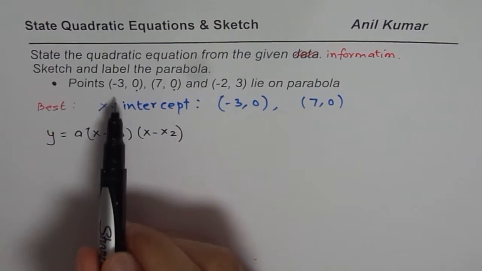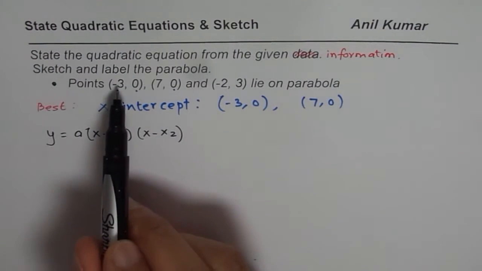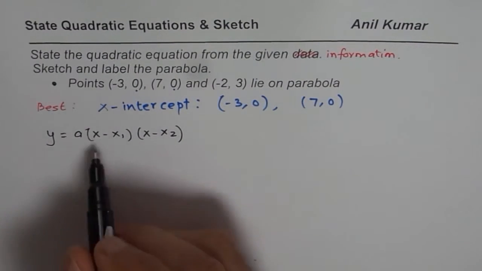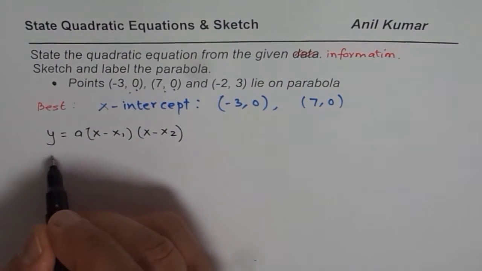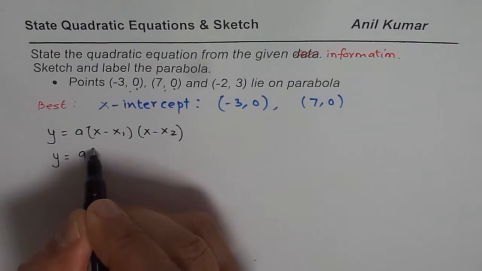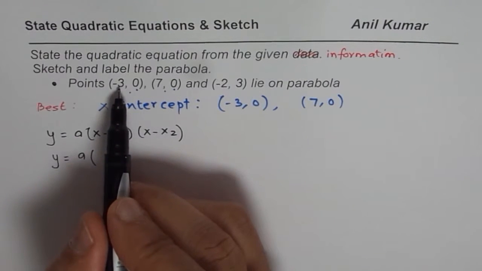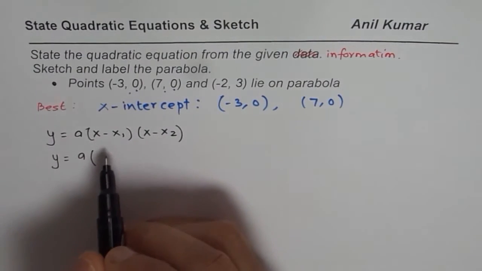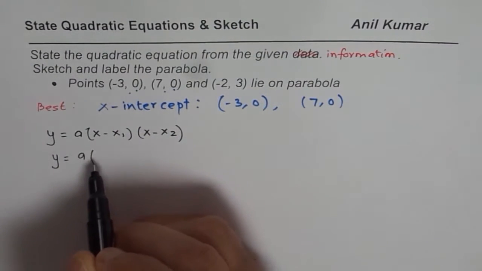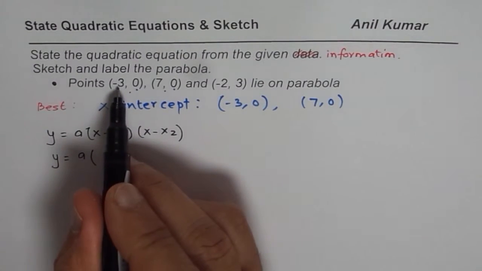The x-intercept is at minus 3, right? So we could actually use these 2 points to write our equation, which is y equals a times... In this case we have the x-intercept as minus 3.